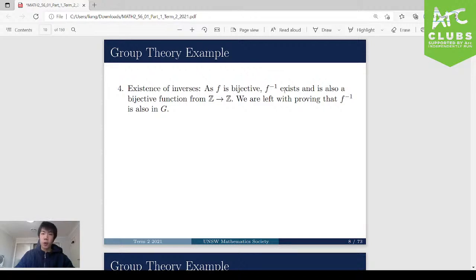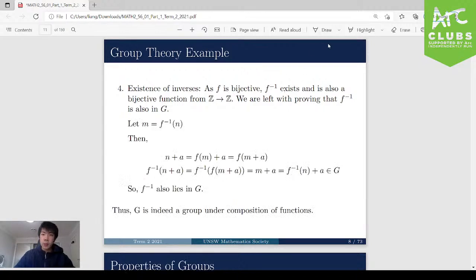And in fact, not only does the inverse exist, it's also always a bijective function. Okay, so we are now left with just proving that f inverse is also in G. So we know that in general, for this function f, an inverse does exist. We just need to show that this inverse also exists in the set G. Okay.